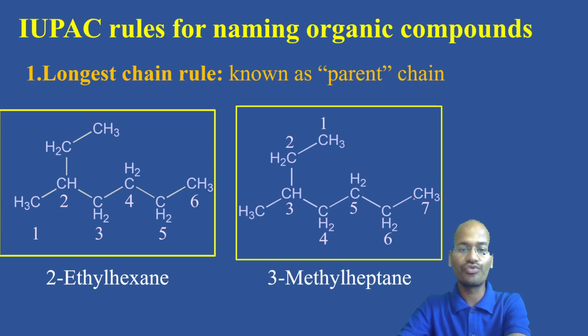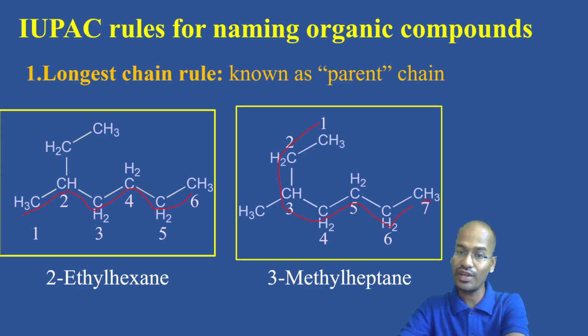Here, two different types of chains were selected. Here you can see, starting from here, 1, 2, 3, 4, 5, 6. In first type of naming, it was chosen as the chain. In second, 1, 2, 3, 4, 5, 6, 7.